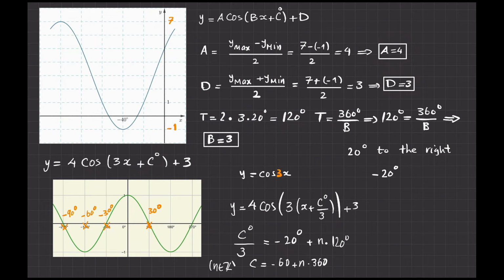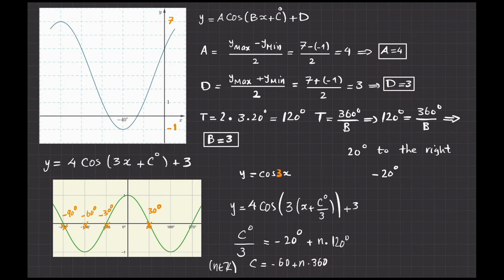What does this mean? It means that these numbers generated by these formulas are all possible shifts along the x direction. But if there is no constraint given in the problem, you just name one of them. For example, I can put n equals to 0, I get minus 60. For example, I can put n equals to 1, I can get 300.